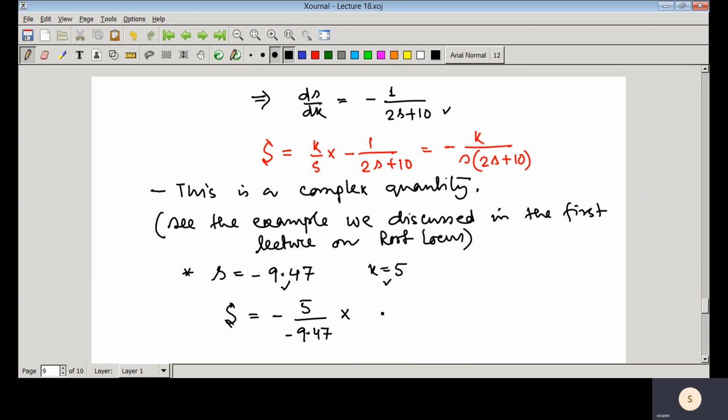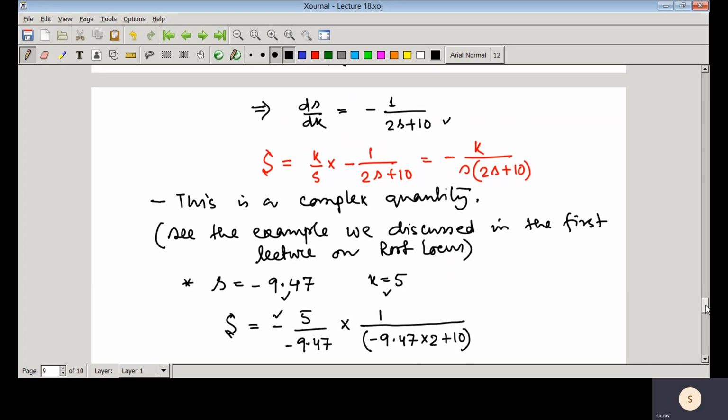So if you just replace it here, that is minus 1 by, that minus we have already taken, so that is 2S. Here S is minus 9.47, into 2, plus 10.